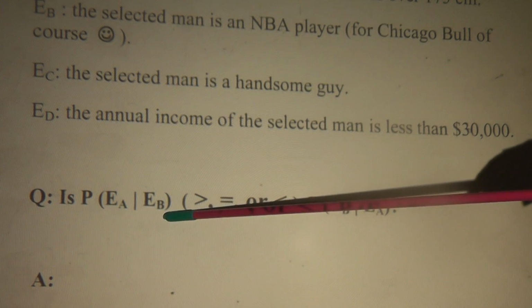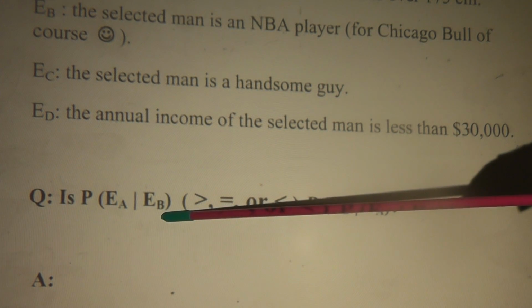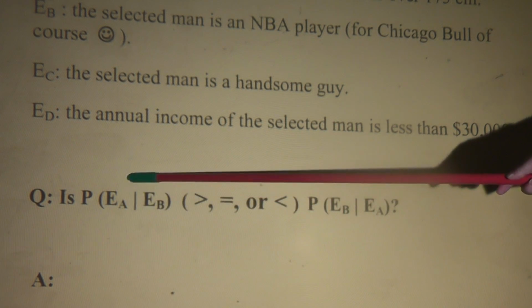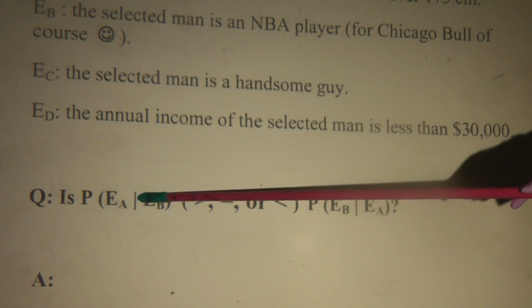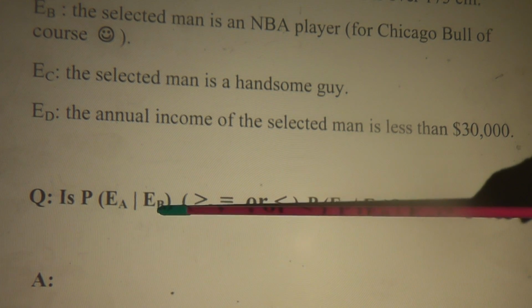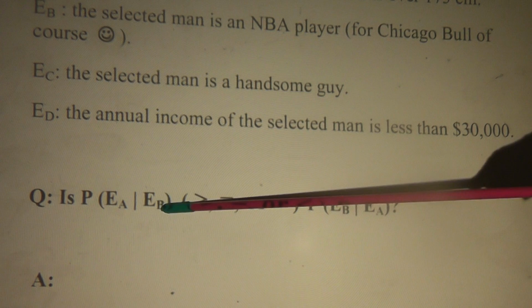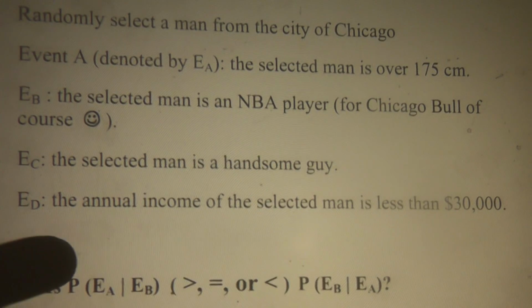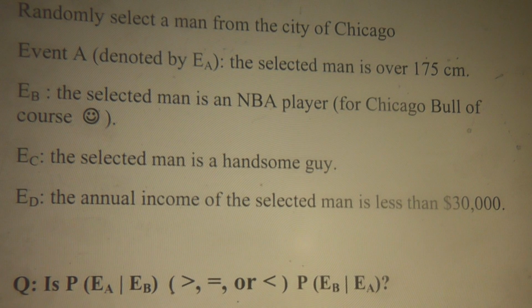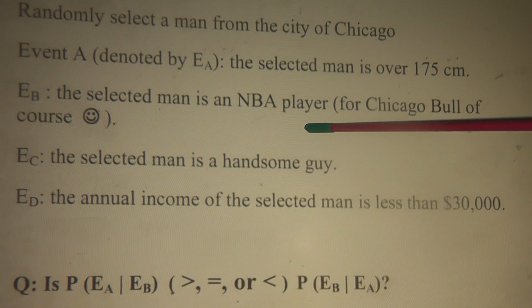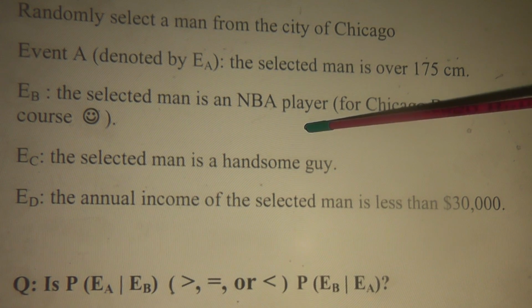To read the notation, we begin with a vertical bar. Given that B has occurred. What's B? B is that we select an NBA player.